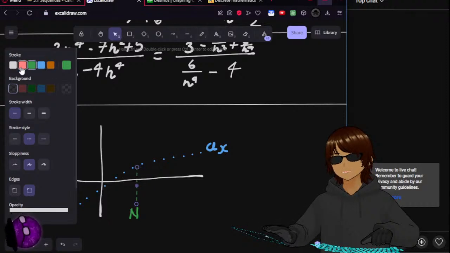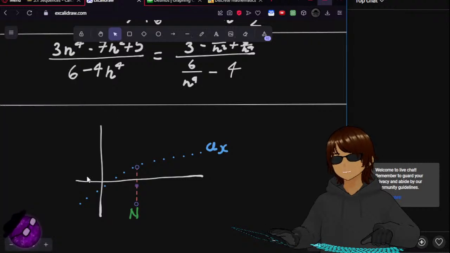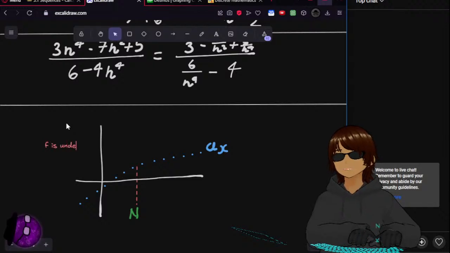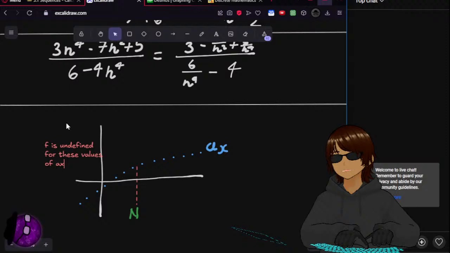But then the function f of x is undefined for these values of a_n.